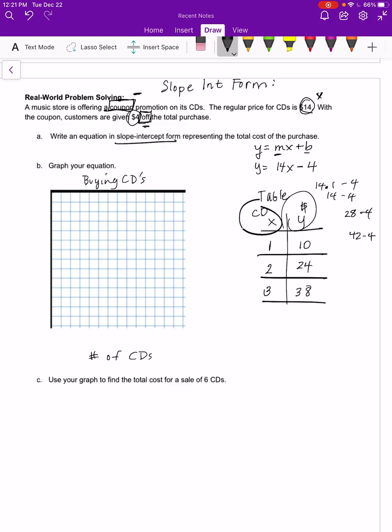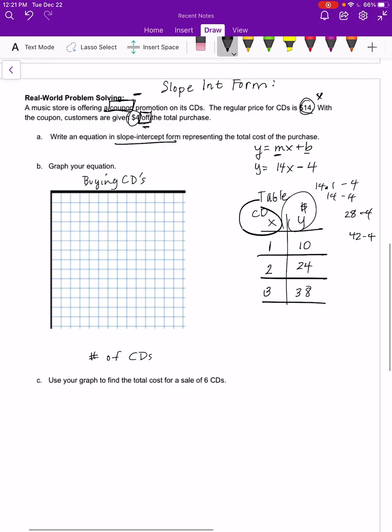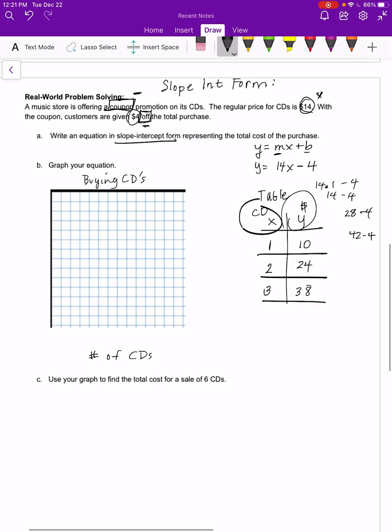So money here would be your cost or your total purchase or something like that. I'm just going to write cost. And I'm going to put a dollar symbol there. And so number of CDs, I just have 1, 2, 3, so I'm just going to count by ones. 1, 2, 3. And I go anywhere on my Y's from 10 to 38.